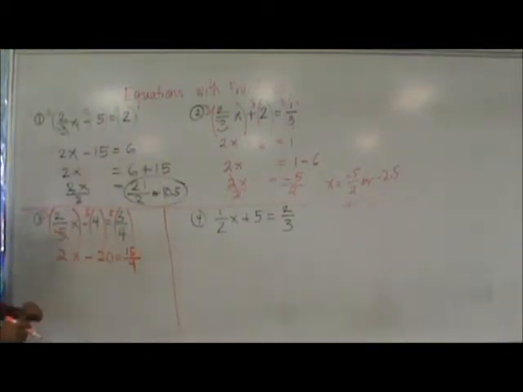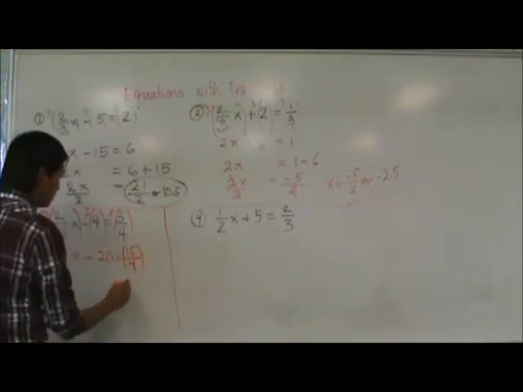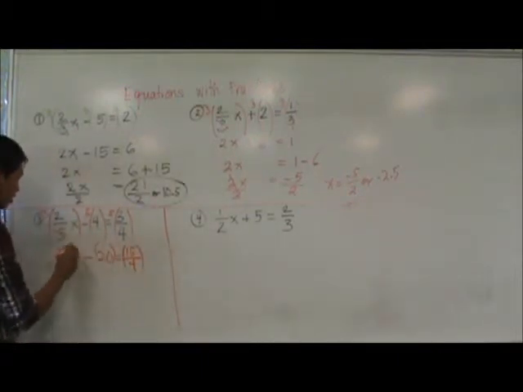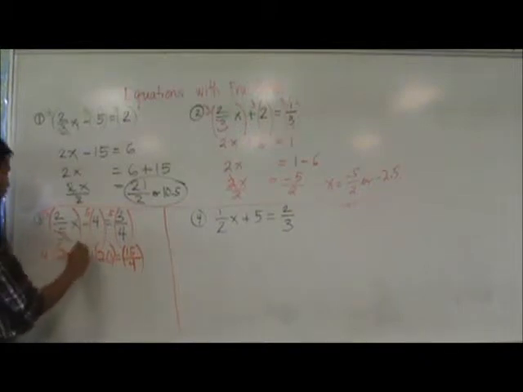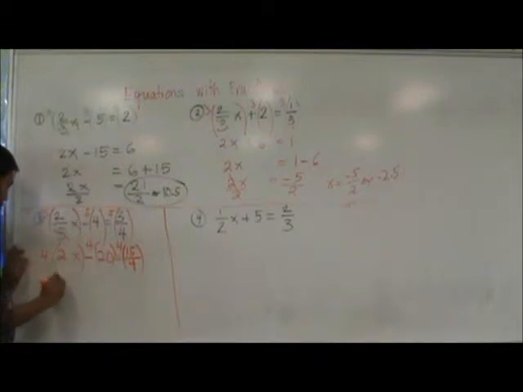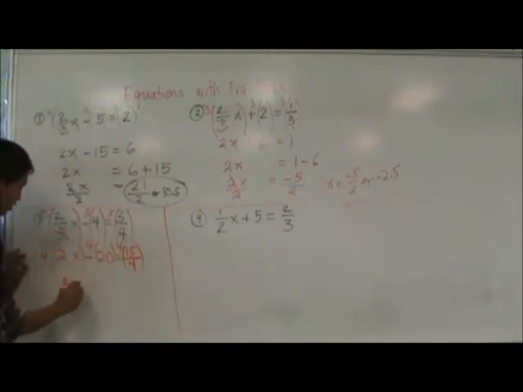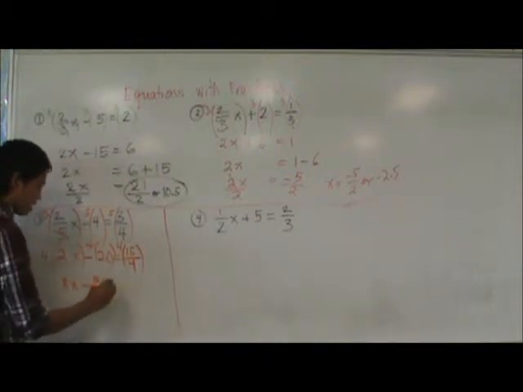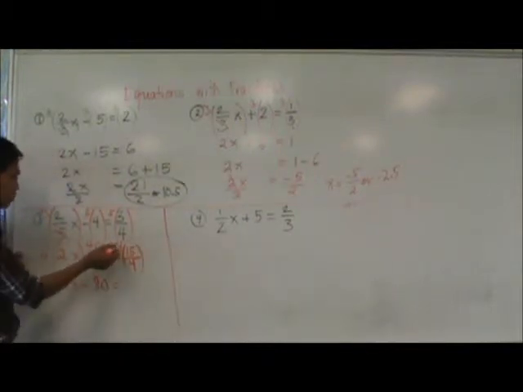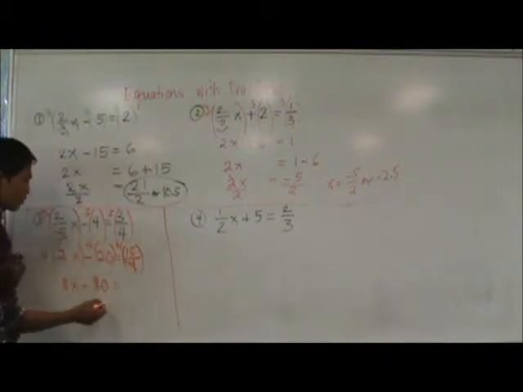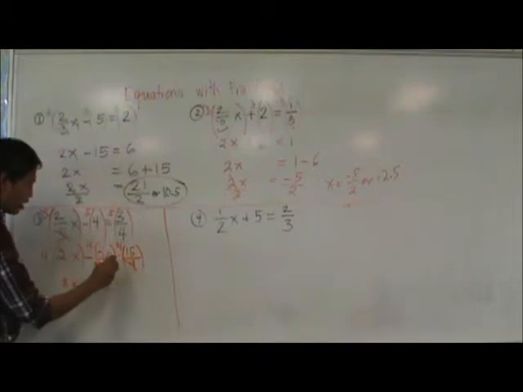Let's move on and get rid of that 4 by multiplying everything by 4. Here we go. Now 4 times 2 is 8x. 4 times negative 20 should be negative 80 equals, because we got 4 and 4, we can go ahead and get rid of those 4s, of that denominator 4.